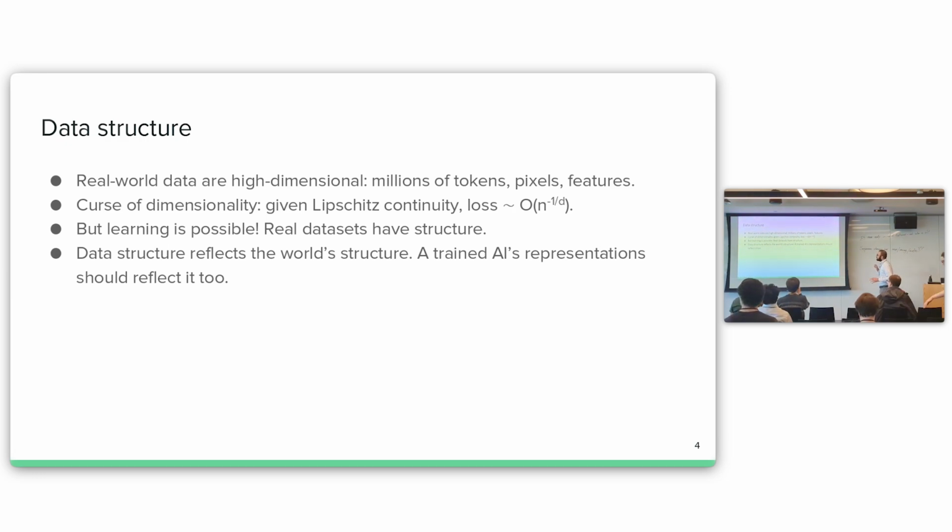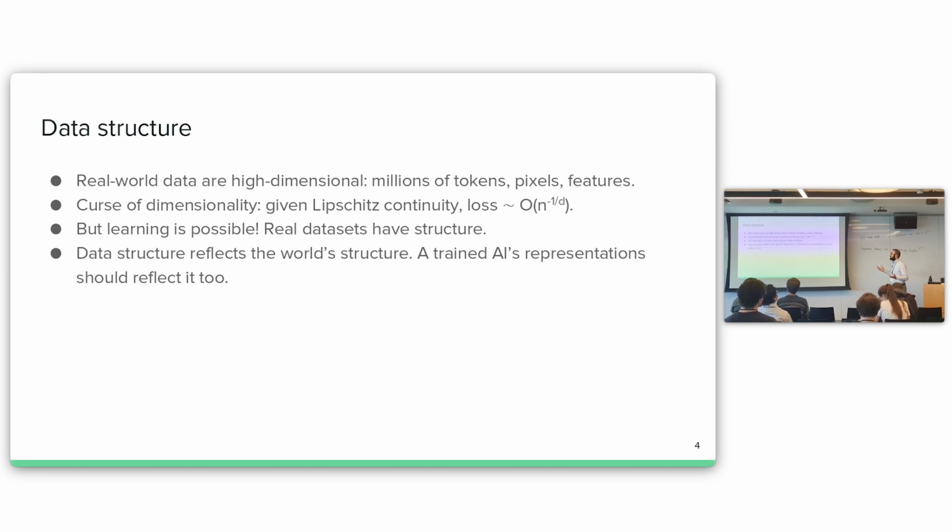And so the idea here is that real-world data are very high-dimensional, that there might be thousands or millions of tokens in a prompt or pixels in an image, or in general input features in some input sample that we want to understand.